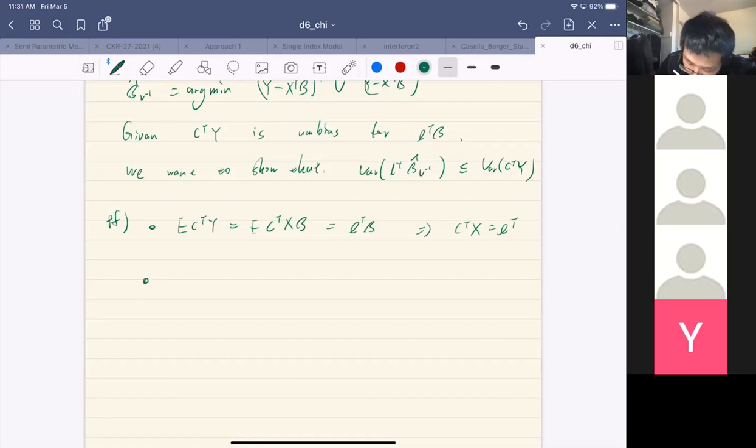And also, calculate this. The variance of L transpose beta hat V inverse is equal to the variance of L transpose beta hat V inverse minus this plus this.